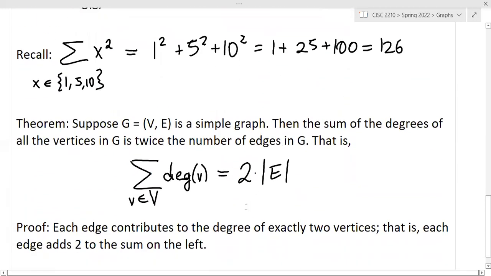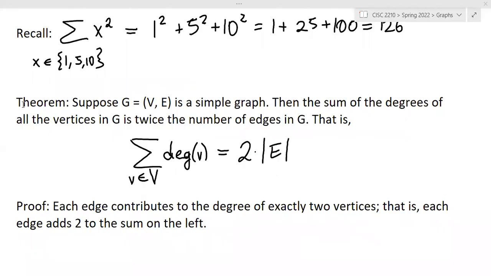That is, each edge adds 2 to the sum on the left, so this sum gets 2 more each time we have another edge. So the total sum should be 2 times the number of edges.